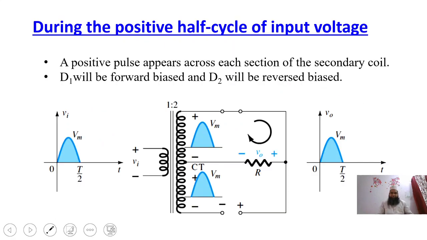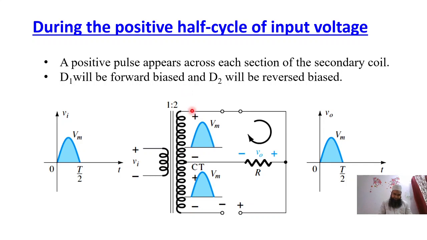Now, during the positive half cycle of the input voltage, positive meaning 0 to T by 2 or 0 to pi of the input cycle, we will get a positive pulse appearing across both sides of the secondary coil.